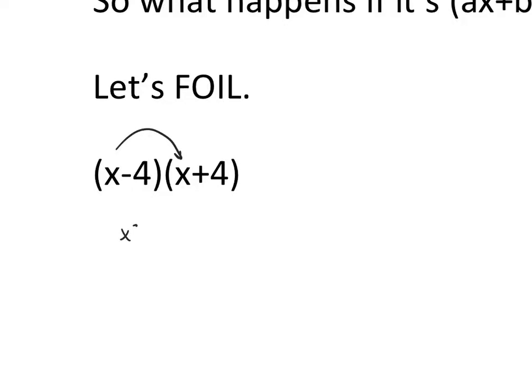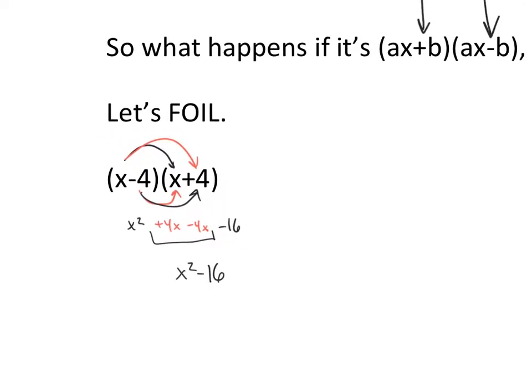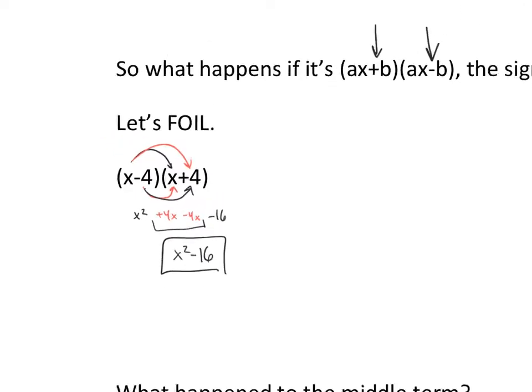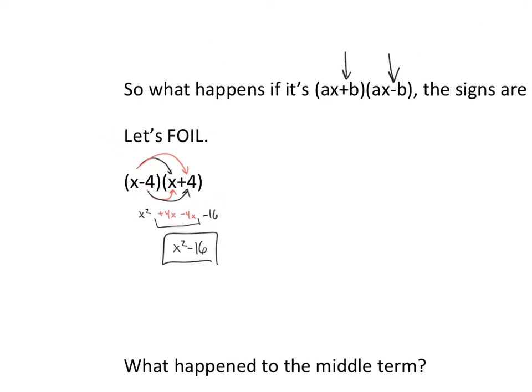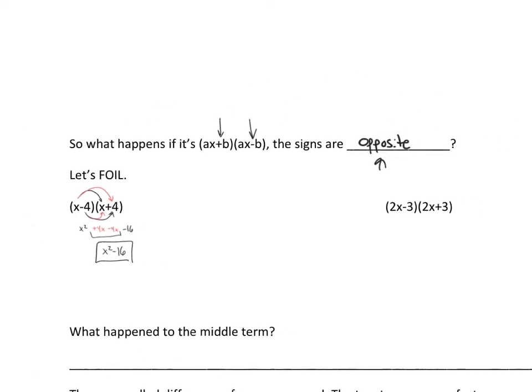X times x is x squared. Then we'd get a positive 4x and a minus 4x. And then minus 16. And the middle terms always canceled out. And that was true anytime we were FOILing and we had the exact same terms, but the signs were opposite.